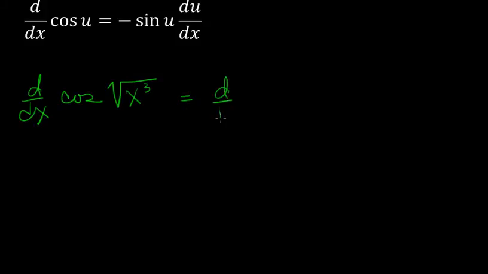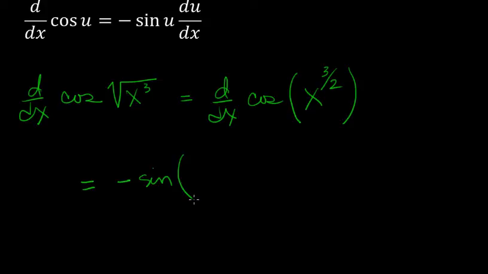So I'm going to rewrite this as the derivative with respect to x of the cosine of x to the 3/2. And now I see it's using the chain rule once. The derivative of cosine is minus sine, so I get minus the sine of, same argument, x to the 3/2, times the derivative of x to the 3/2, which is 3/2 x to the 3/2 minus 2/2 is 1/2.